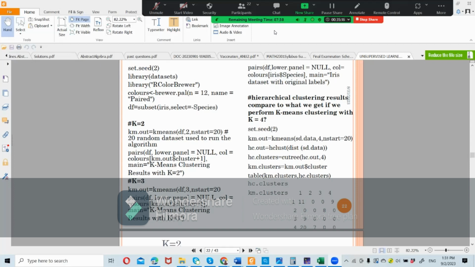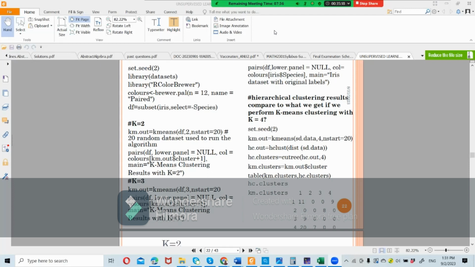So the first thing we do is call our library datasets, set our seed, and call our library RColorBrewer, then we proceed to look at clustering. First we have the script for two clusters, and then for three clusters.